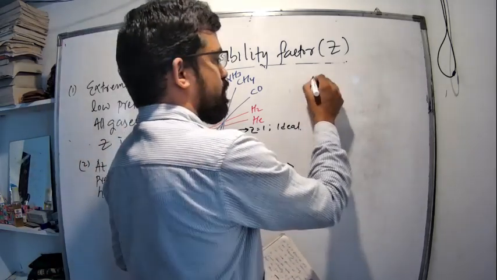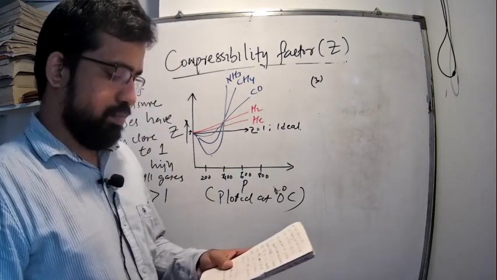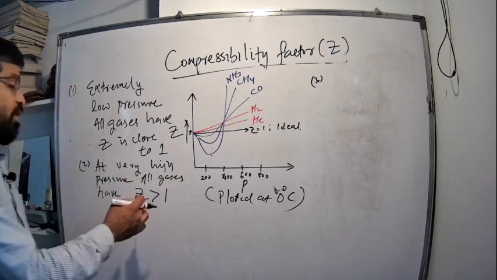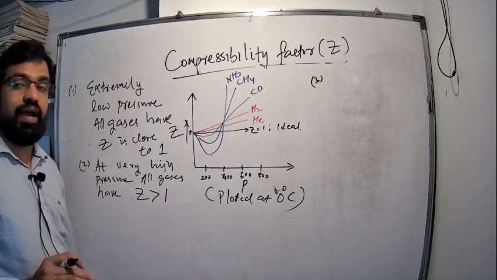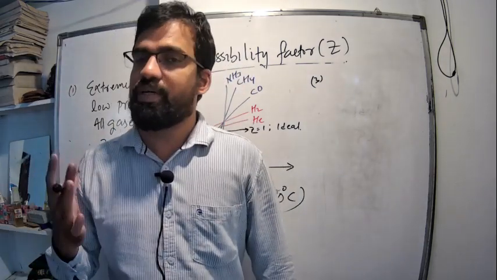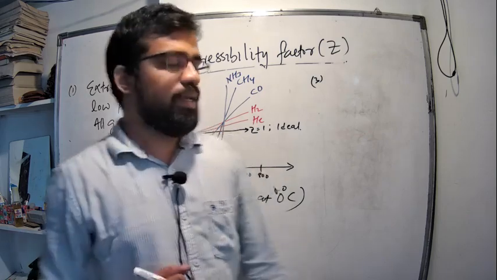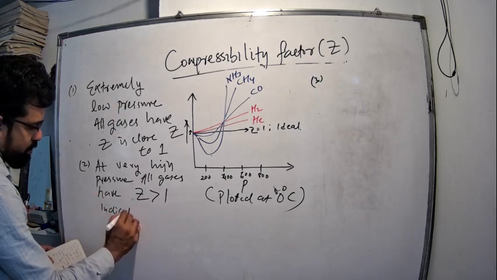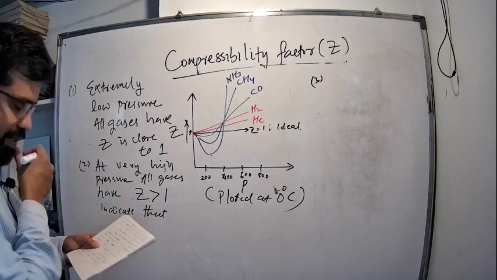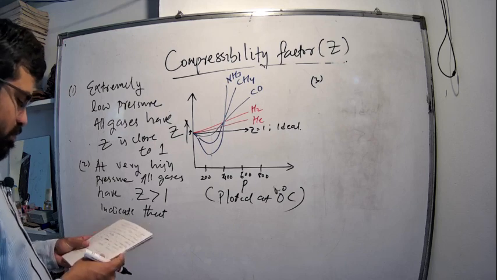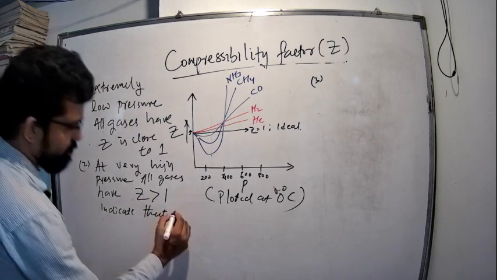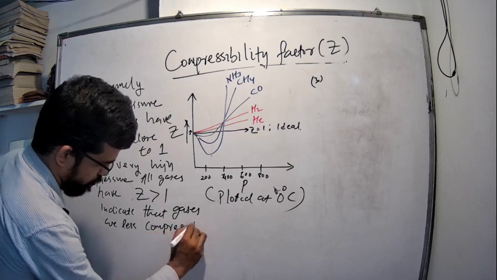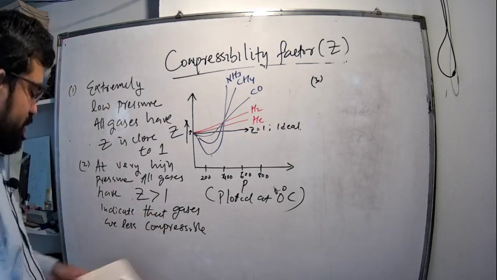And the third point: what does it mean? All gases with Z greater than 1 means they are less compressible than the ideal gas.